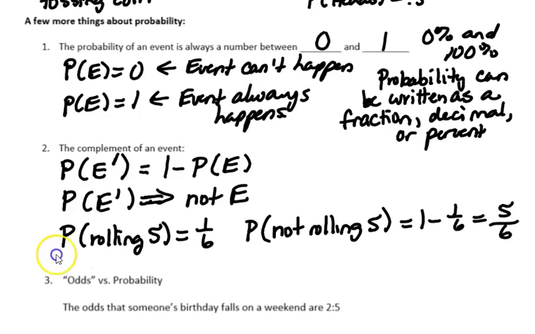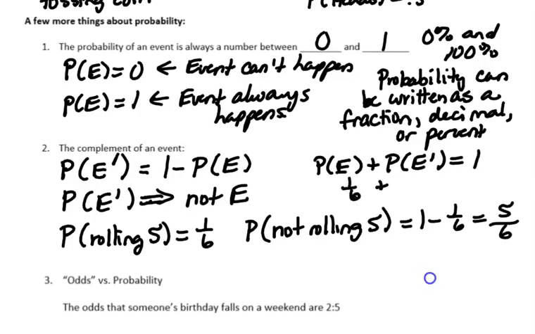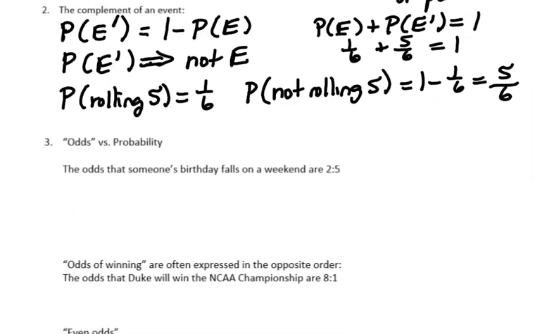So we say these events are complementary to each other, rolling a 5 and not rolling a 5. Their probabilities will always add up to 1. So the probability of an event and its complement always add up to 1. In this case, the event was 1/6, the complement was 5/6, that adds up to 1. So that's an important thing to know about the probability of a complement of an event.